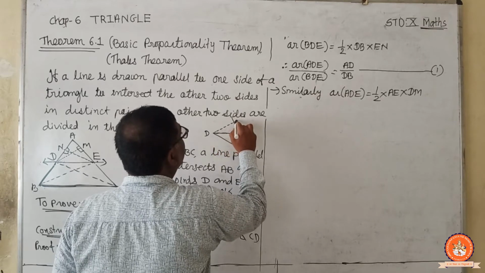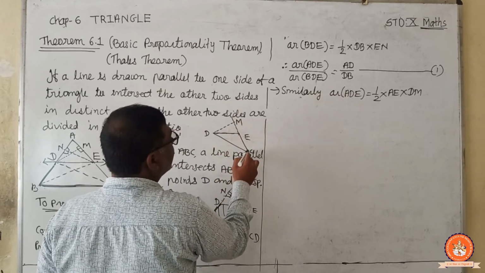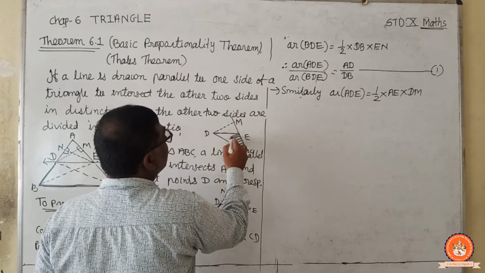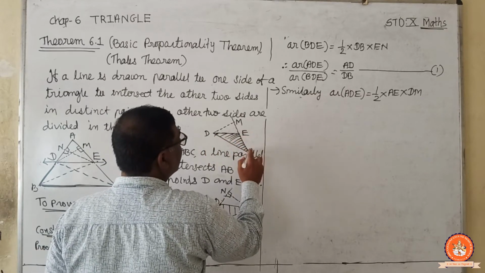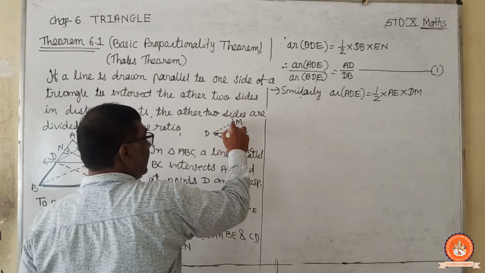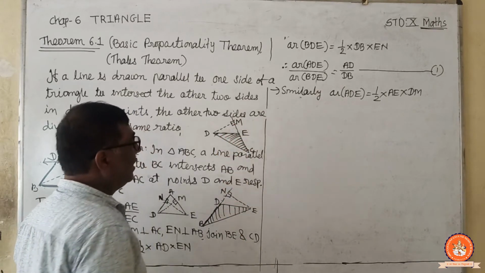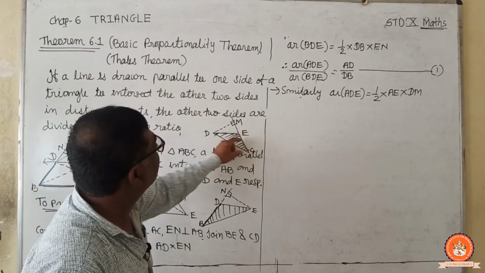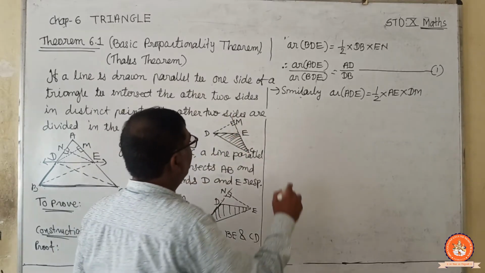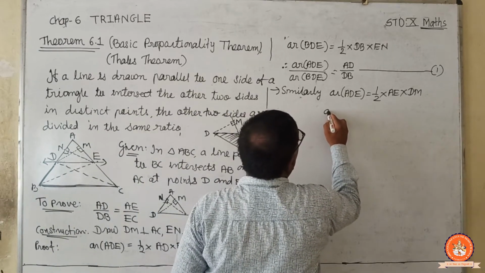Here is the altitude DM. This is triangle DEC, and its altitude is outside the triangle. Now looking at the base EC, the altitude is DM.